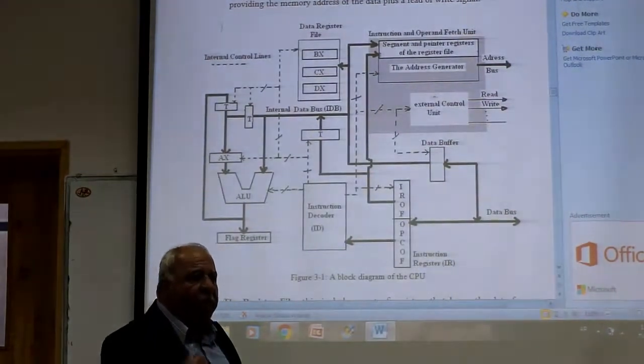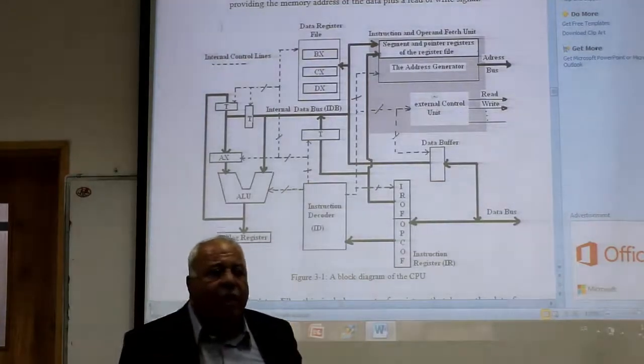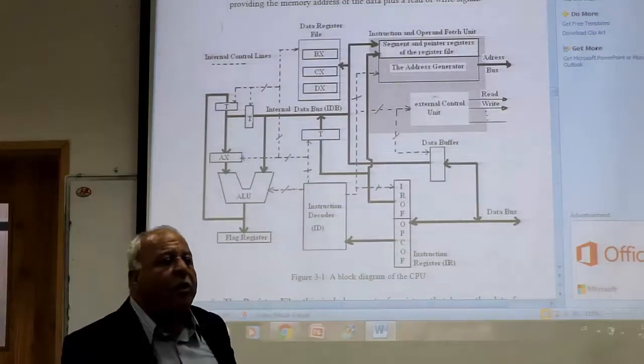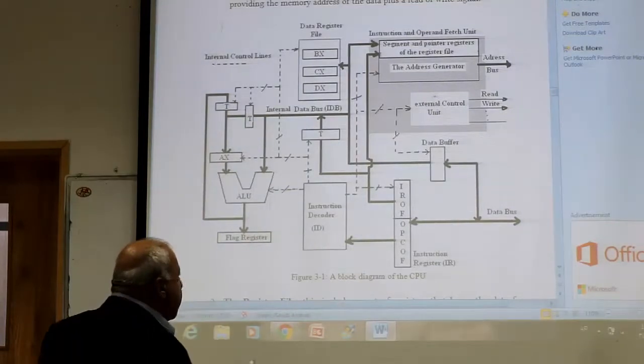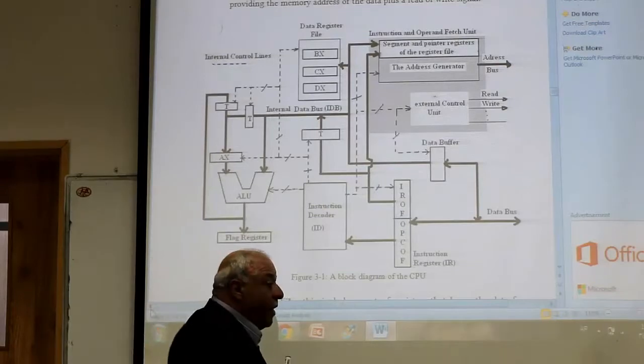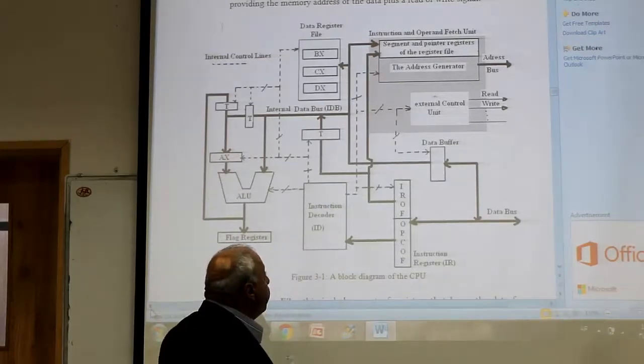When we fetch the instructions, we cannot keep them on wires. Wires do not keep anything. You keep it in a register. So we have the instruction register, which keeps the instruction to be decoded by the instruction decoder.